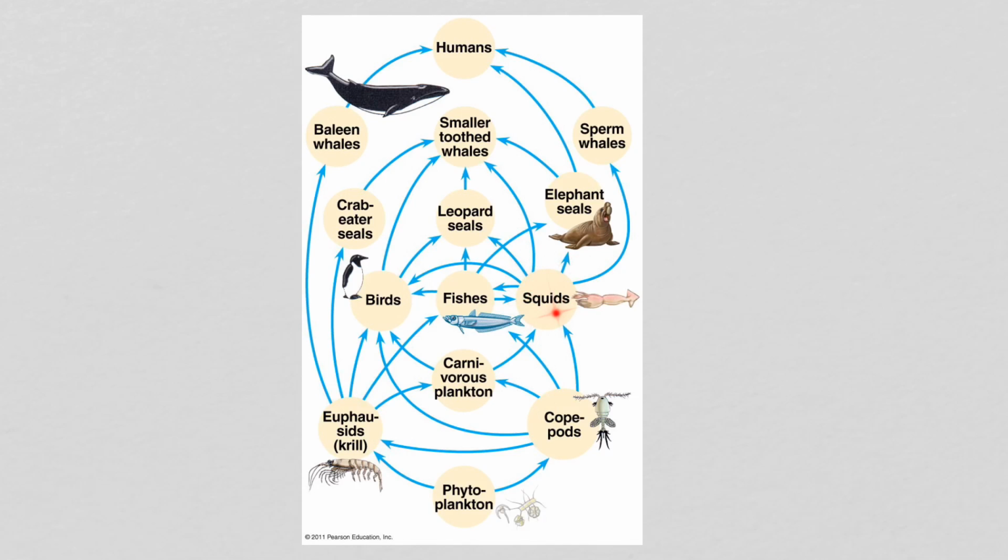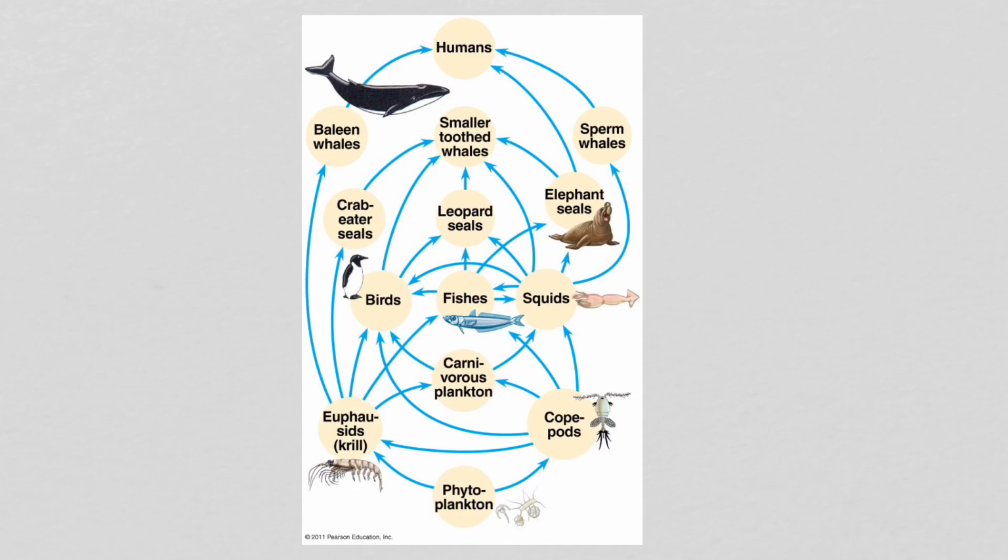Squid would be our secondary. And then let's say that our leopard seal was our tertiary. And then we could go even further up, where we have these guys, those would be our apex predators and stuff like that.